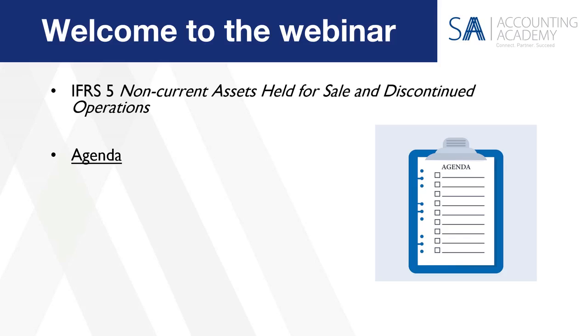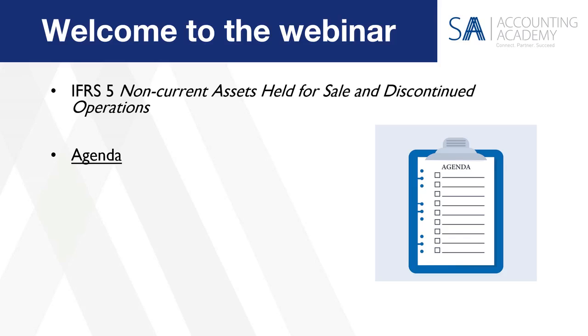And then when it gets to presentation and disclosure, presentation on the face of the financial statements and disclosure in the notes to the financial statements, we have to make sure that not only do we present our non-current assets held for sale or disposal group held for sale separately in the statement of financial position, which is the balance sheet. I think that's quite obvious because we are looking here at assets that are reclassified into another asset category.